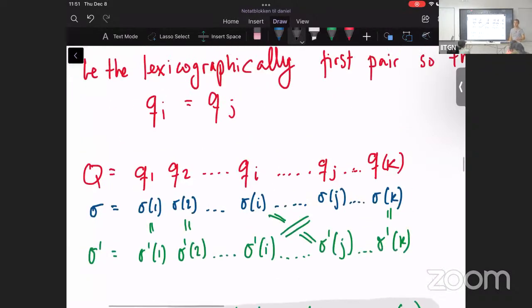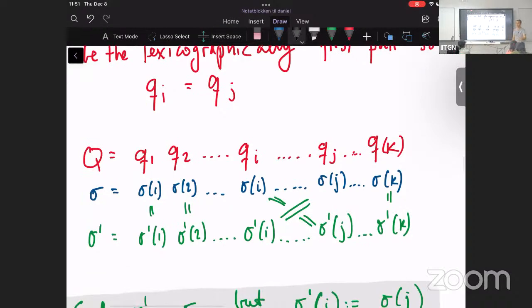And it maps from the set to itself. It maps from bad walks to bad walks because we didn't change Q. And it maps from bad walks of weight I to bad walks of weight I because we didn't change the weights. The set of vertex label pairs that we have didn't change. Okay, so we proved the fixed point free involution. Therefore, the number of these things is even.